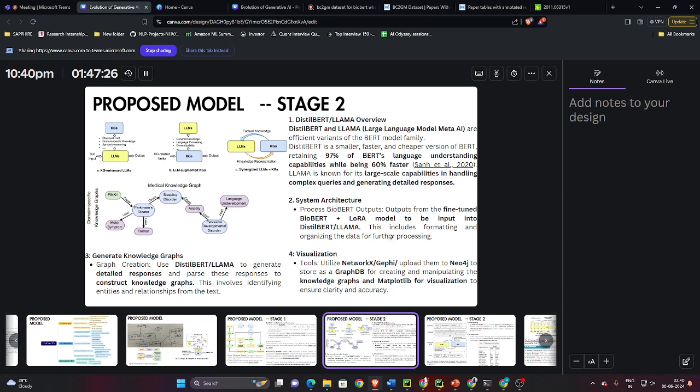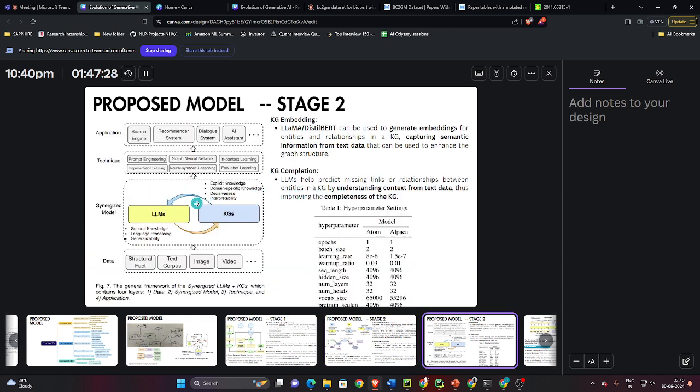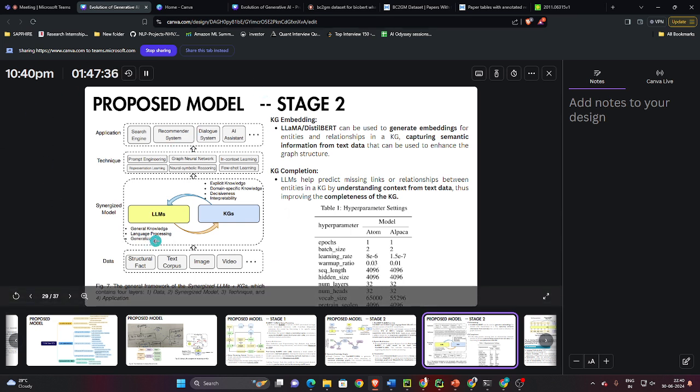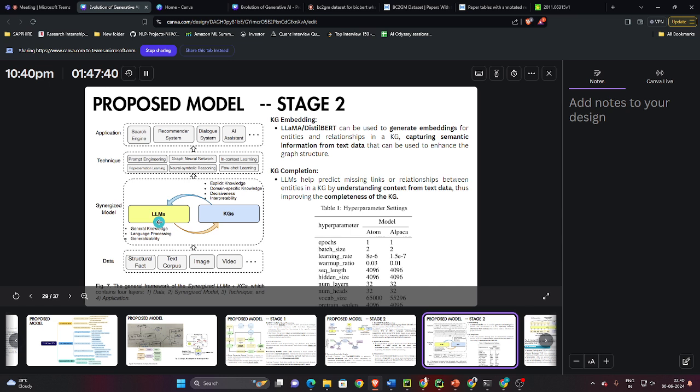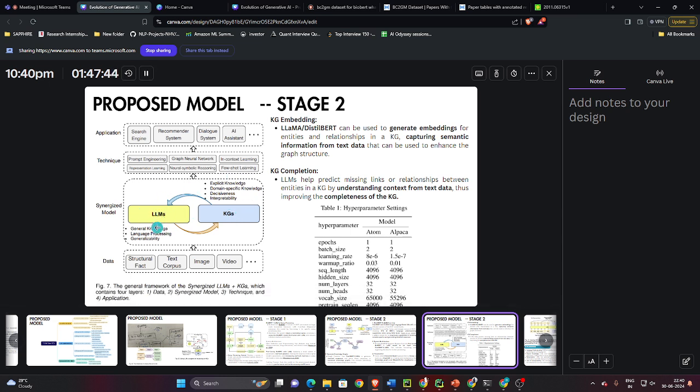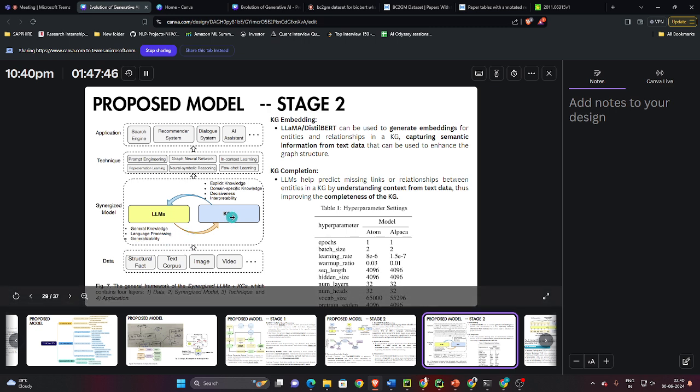How about I show you this next slide, if it becomes a little better? If you can see this left section, this is essentially the entire architecture that we want to develop. This is what each section brings into the synergy. LLMs bring general knowledge, language processing, and generalizability.